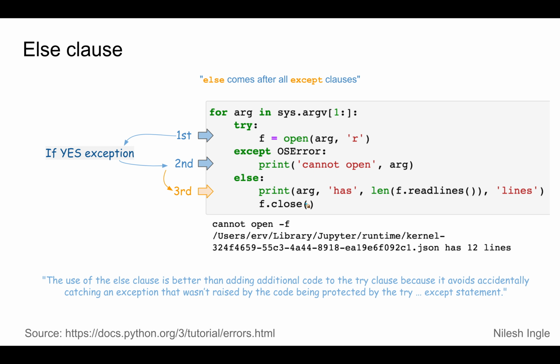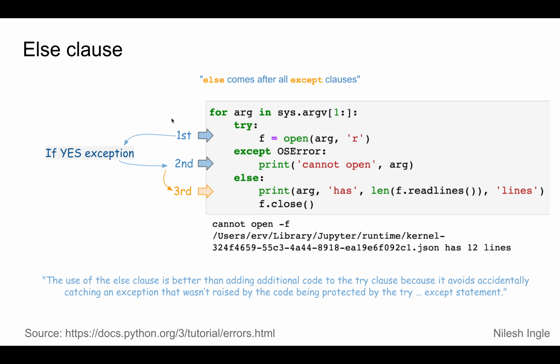And then here what we are printing is the arg, that's the file name, and the word has, which is here, has length of f dot readlines, and we have the 12 lines printed out. So that's the use case for using the else clause inside of a for loop.